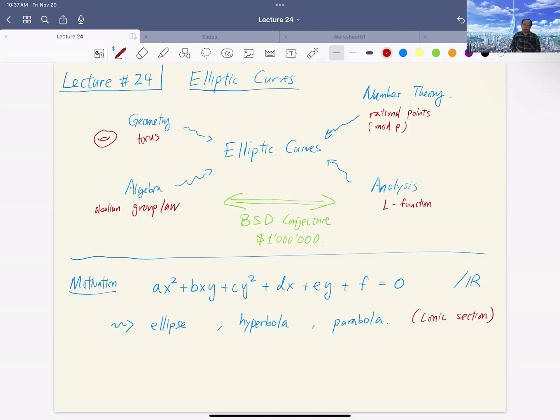But anyway, these are the three main classes. And we note that you cannot translate from one to the other. For example, if you have a circle, you can never get to a hyperbola. No matter how you change variables, you cannot change a circle to a hyperbola.